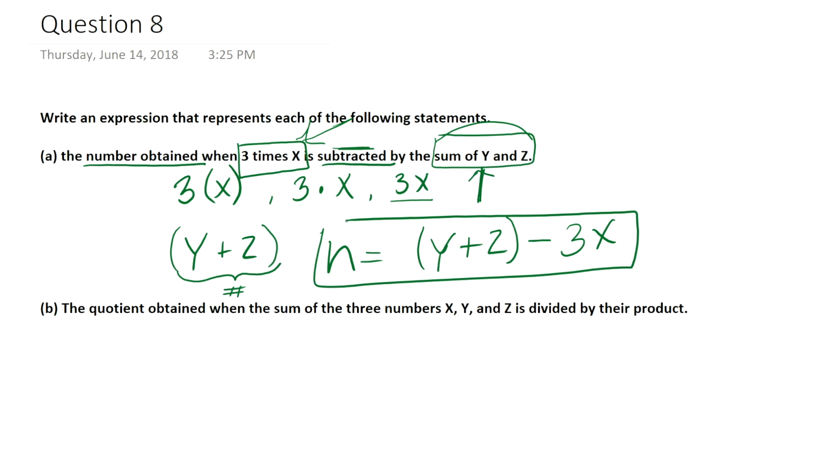For the second one, it says the quotient. Quotient, we're talking about division, so you can denote things like this. You can have a number up here like 2 and a number down here like 3. So that's what we're dealing with now, is division, obtained when the sum of the three numbers x, y, and z is divided by their product.